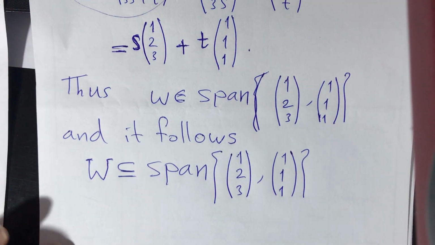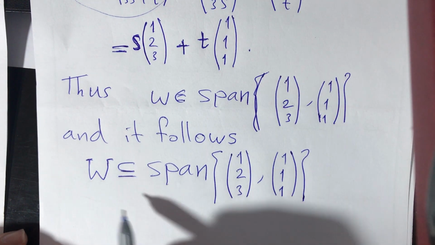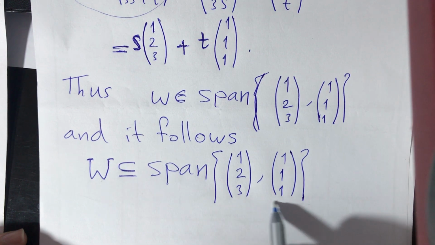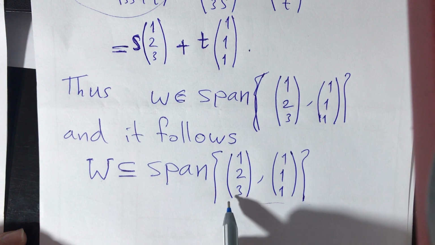Any vector in W we can make as a linear combination of these two vectors.